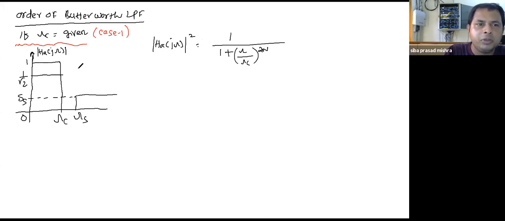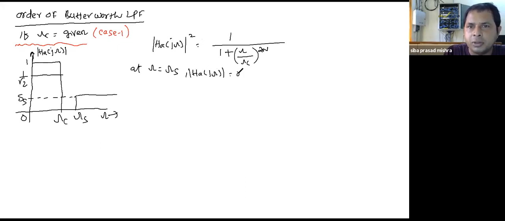Now if you see this figure, at omega equals omega_s, the magnitude of H(j omega) equals delta_s.